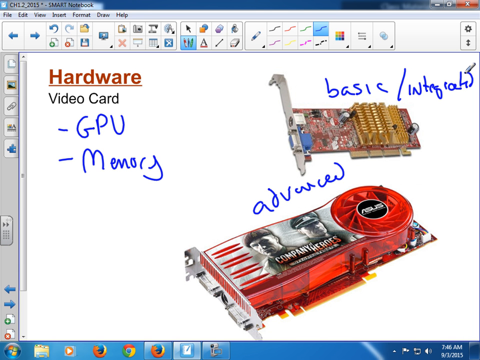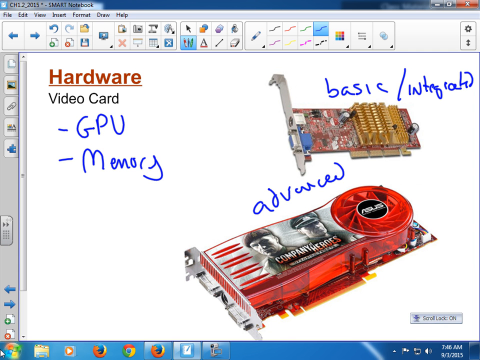The answer to that is it has to come from the PC itself. Okay? So bad video cards, basic video cards, or integrated video cards steal the memory that the CPU would be using.